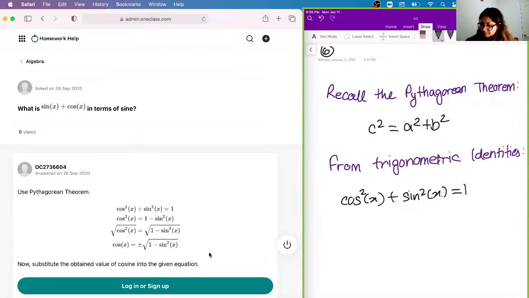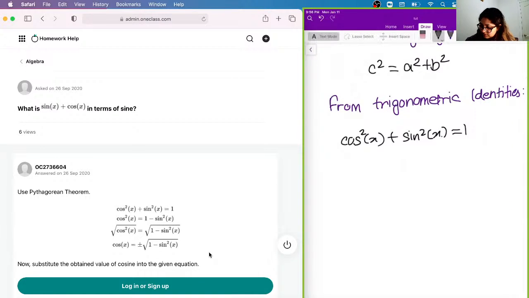So this is kind of like our Pythagorean theorem. And so what is sine x plus cos x in terms of sine? So our answer has to be in terms of sine.